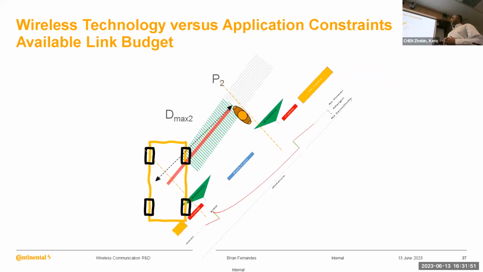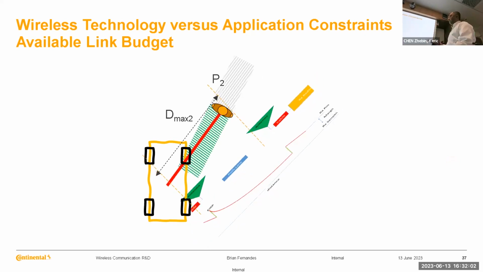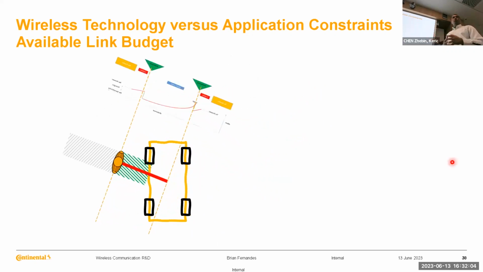But considering a different direction on the same vehicle, if the device is at the center of the vehicle, then we might have another distance Dmax 2 at a different angle, perhaps at P2. And then similarly, perhaps in another direction, due to different effects, orientations in the vehicle, orientations of the device, the directionality of the antenna that's used, things like that.